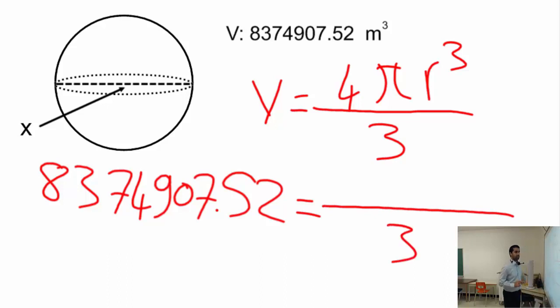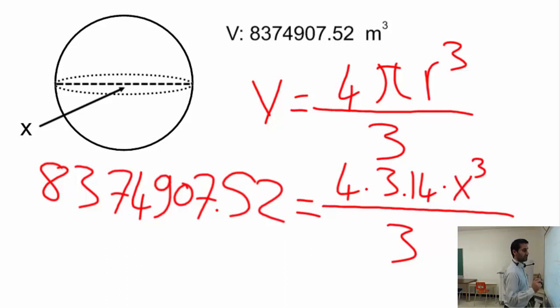Underneath we have 3, on top we have 4, pi is 3.14. R is the radius, something we don't know, which is x here. You can keep it as r, but let's write that x anyway. Cube, don't forget to cube there.